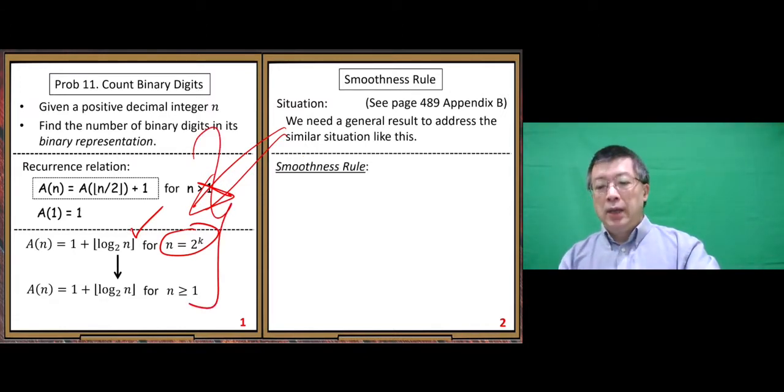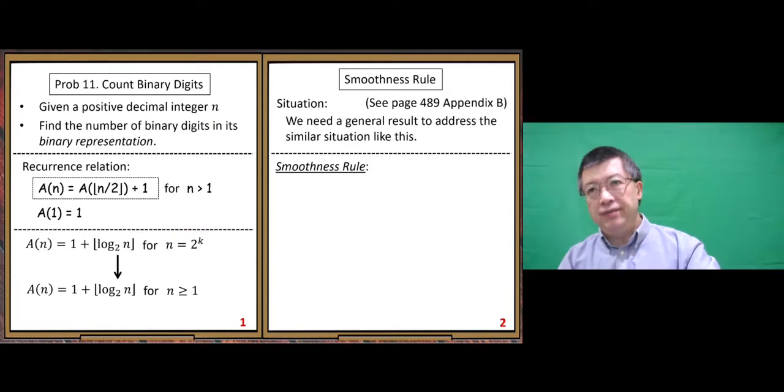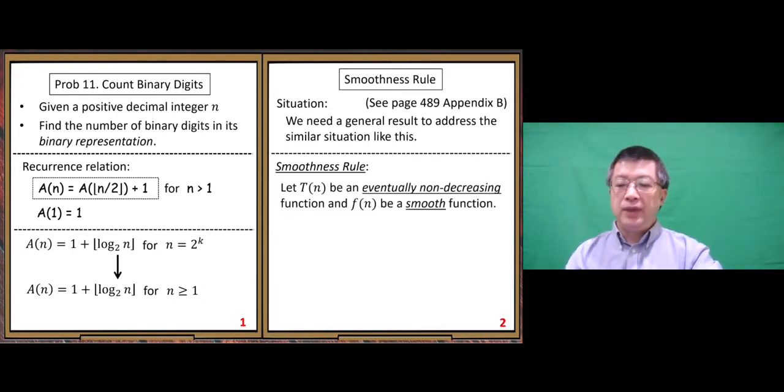All right. Smoothness rule. First, let me give you the detail of this theorem. It is not easy to understand. I need to use this slide and next slide to explain the meaning. Let T of n be an eventually non-decreasing function.